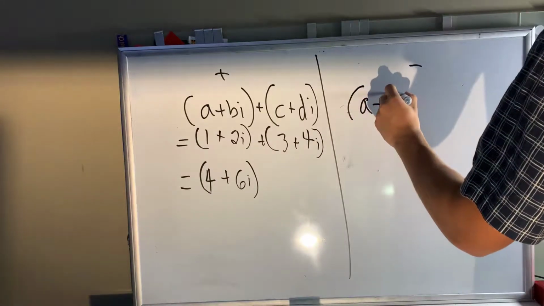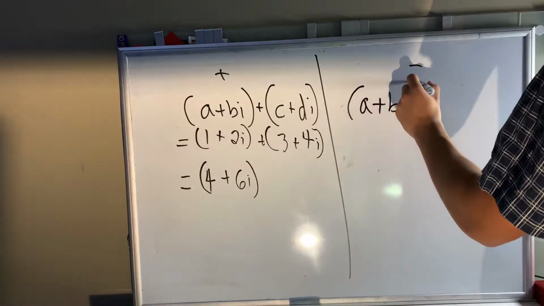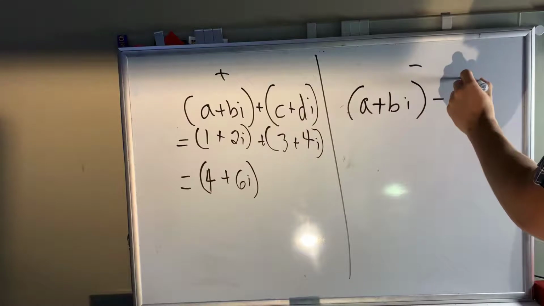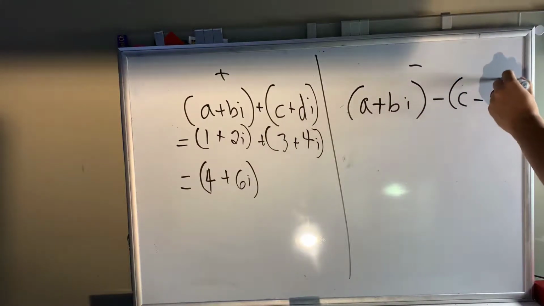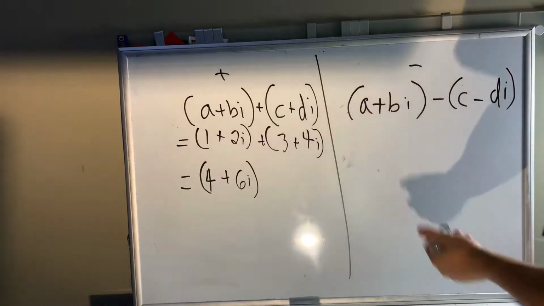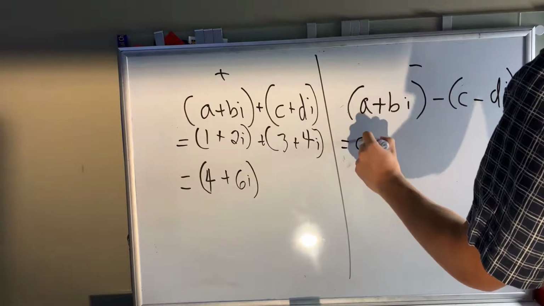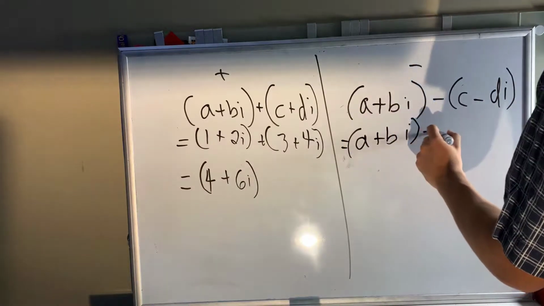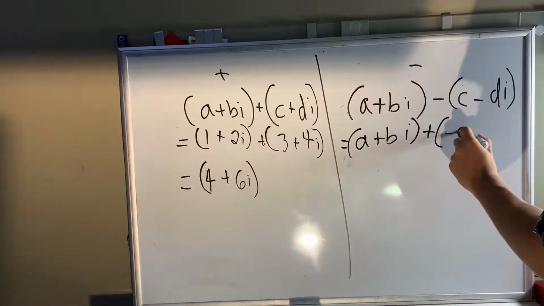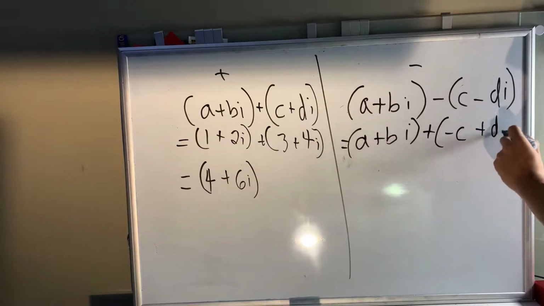We'll use the same numbers and variables. Subtract C, let's spice it up. Subtract DI equals A plus BI plus minus C plus DI.